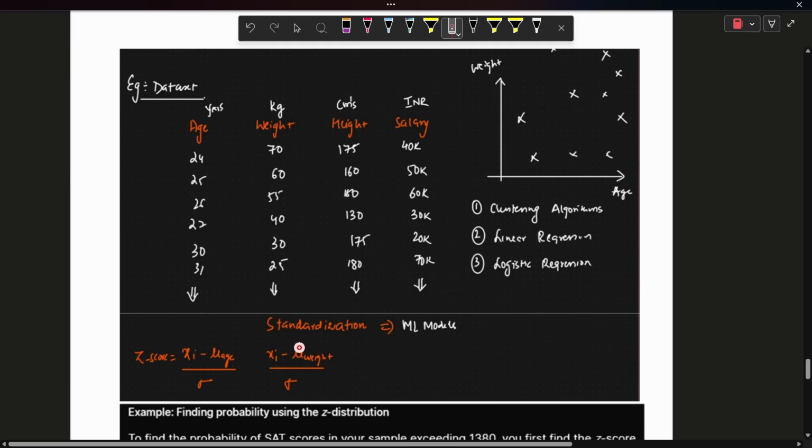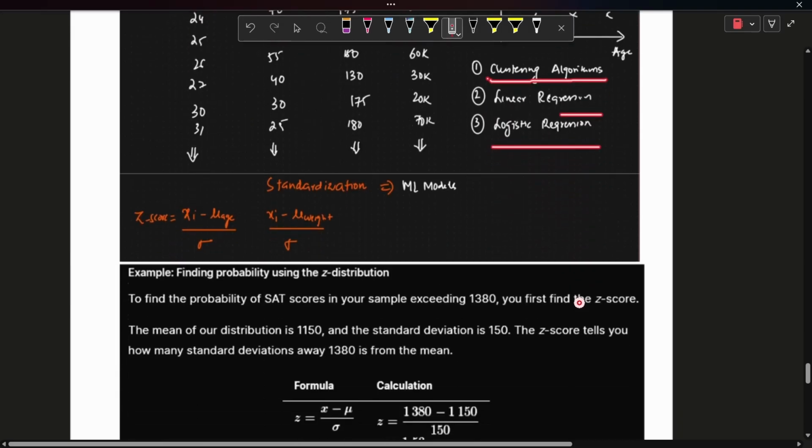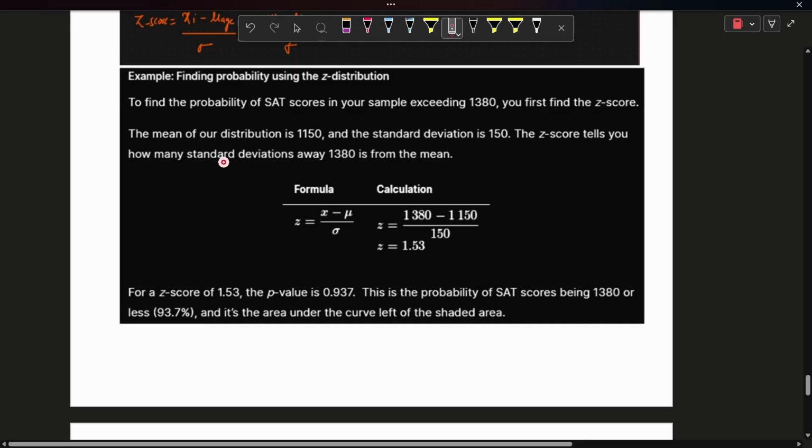To standardize these, we use z-score and convert all these features into one single unit. The standard normal distribution or standardization is used in ML models like clustering algorithms, linear regression, logistic regression, and many more. Let's take a real world scenario.